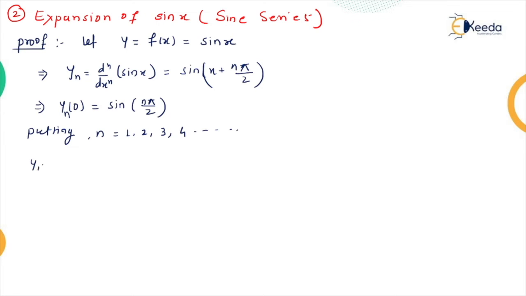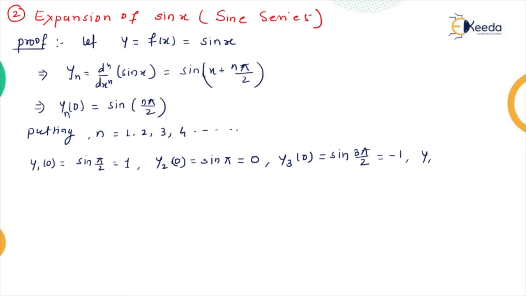We get y1 of 0 is sin of pi divided by 2, and sin pi by 2 is 1. y2 of 0 is sin of pi, and the value of sin pi is 0. y3 of 0 is sin of 3 pi divided by 2, which is 3 times 90 degrees, that is 270. Sin of 270 gives minus 1.